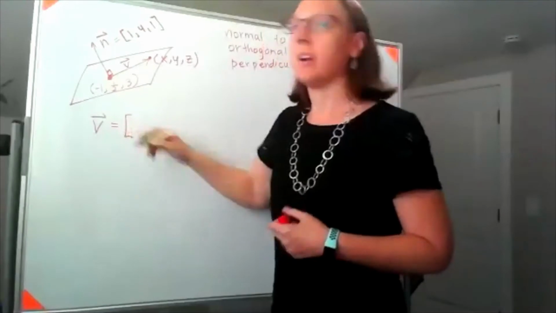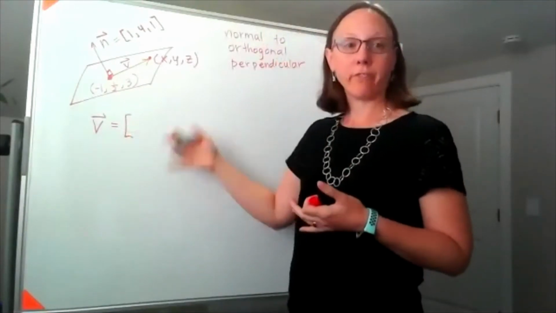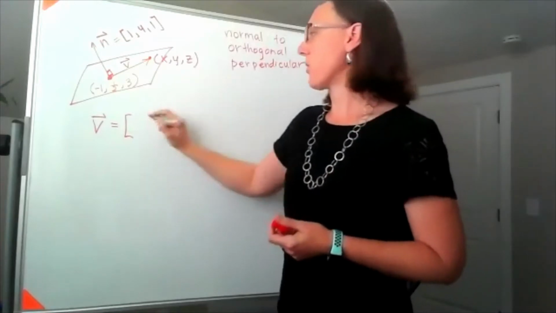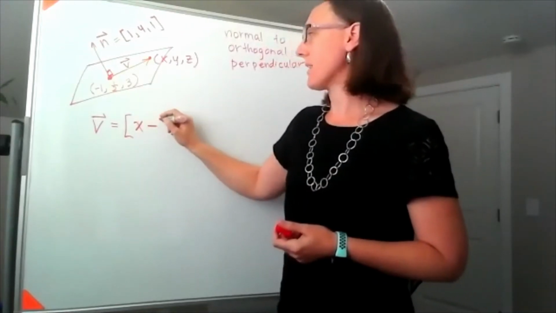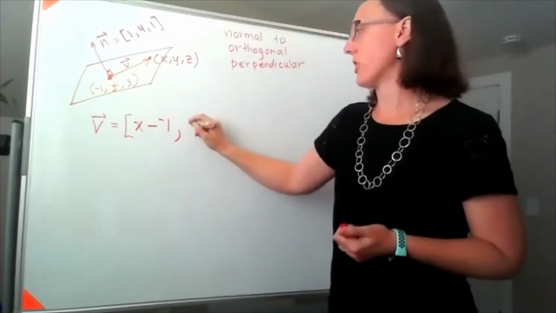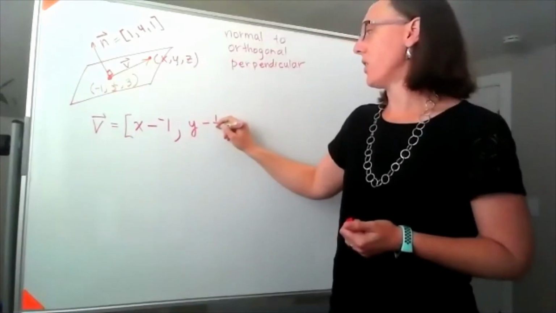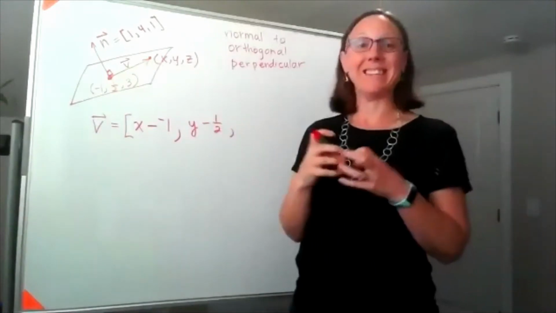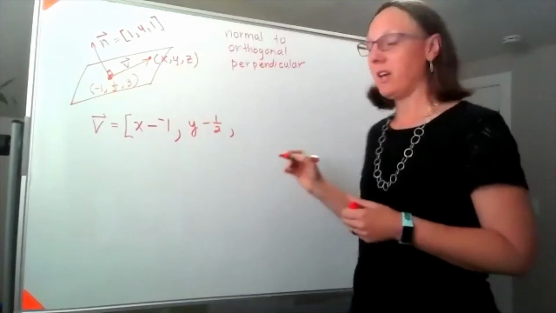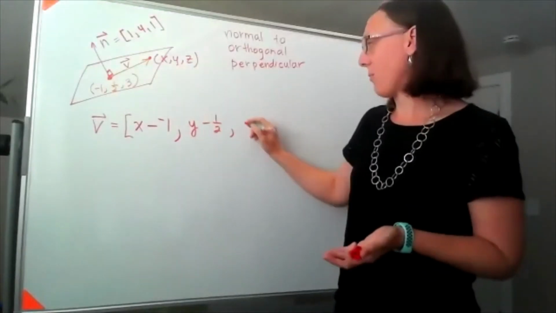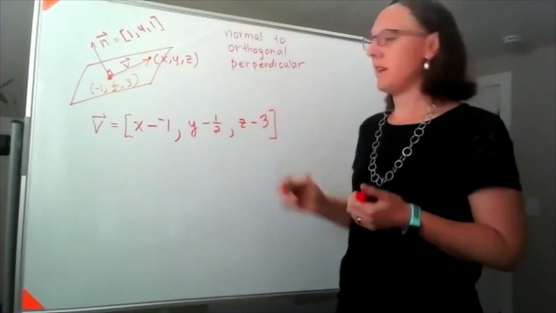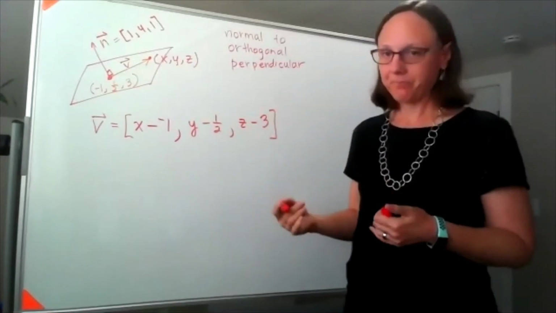So the i hat component, or the first component, the component in the x direction, is going to look like x minus -1. My component in the y direction is going to look like y minus 1/2, because that's the distance between the point we're at and where we're trying to get to. And then my k component is going to look like z minus 3. So there's my vector v.